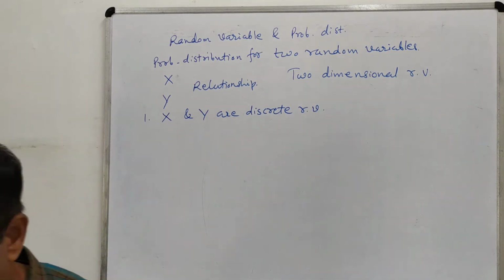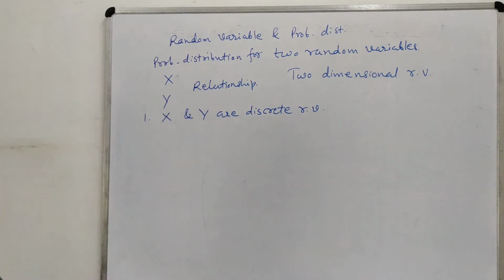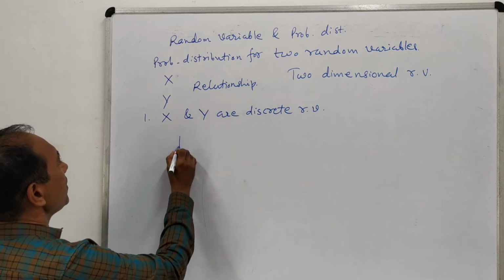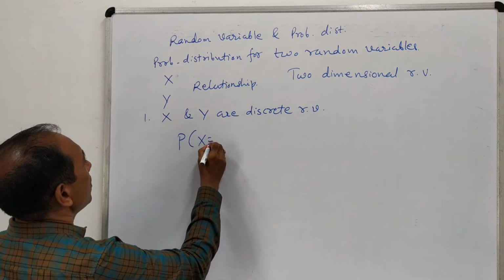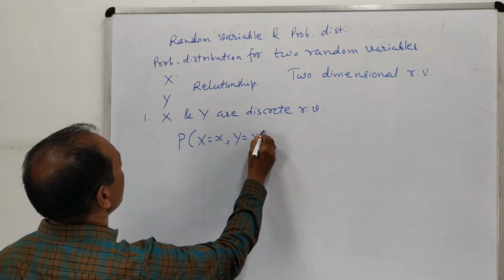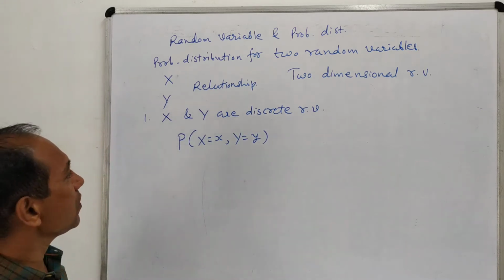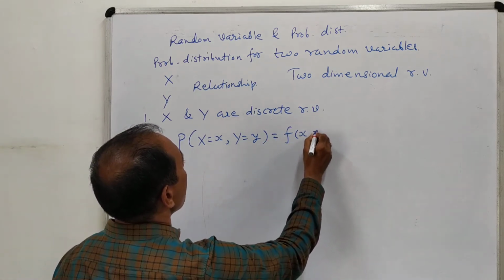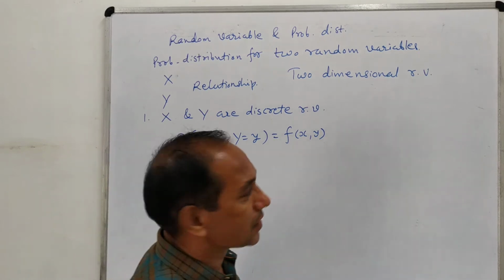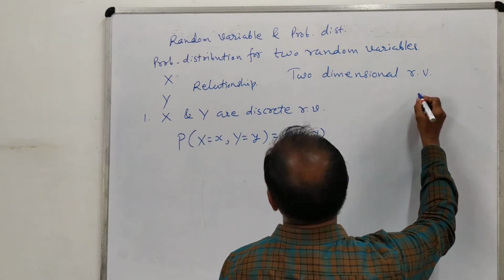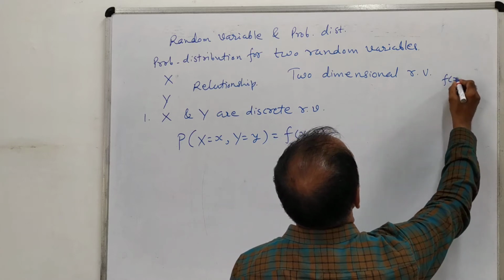Okay, so here we want to find out the probability distribution based on the two random variables. So the probability in this case we will denote by P(X = x, Y = y). That means both the variables we want to combine, and this probability we will denote as f(x, y), because in the last lecture we have defined the probability mass function as f(x).